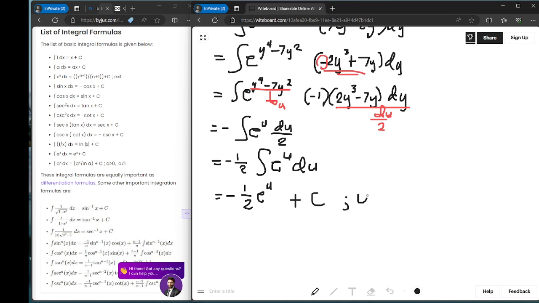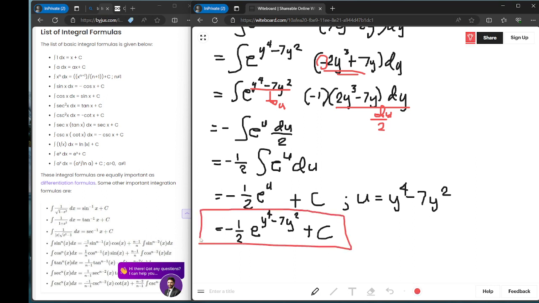But take note that u is equal to y to the fourth minus 7y squared. So this is now negative 1 half e to the y to the fourth minus 7y squared plus c. So this should be our final answer.